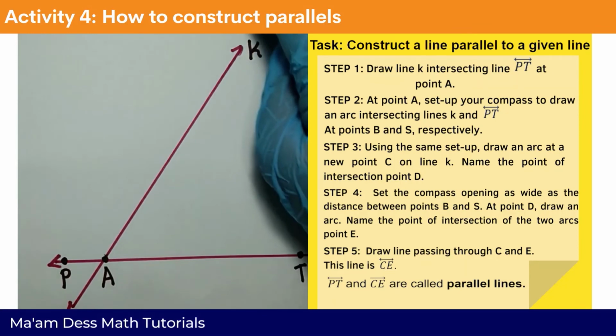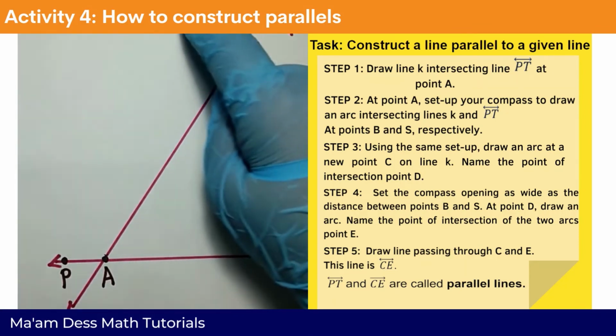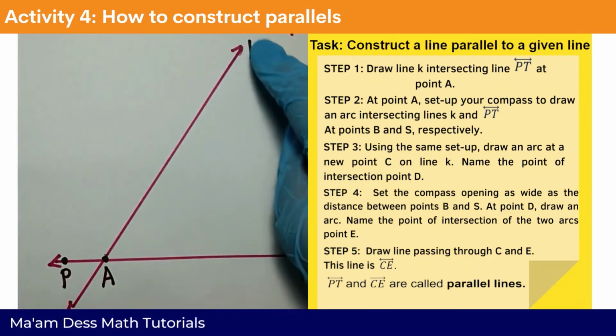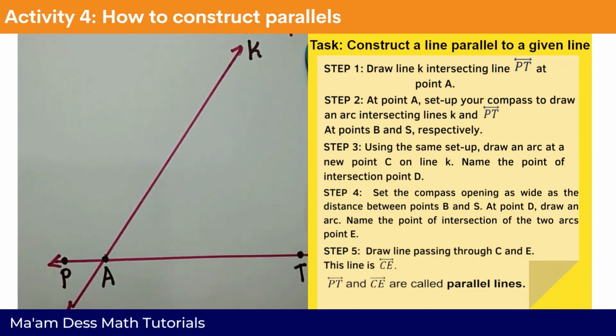How to construct parallels. Our task, construct a line parallel to a given line PT. So, for step 1, draw a line K intersecting line PT. So, line K intersecting line PT.